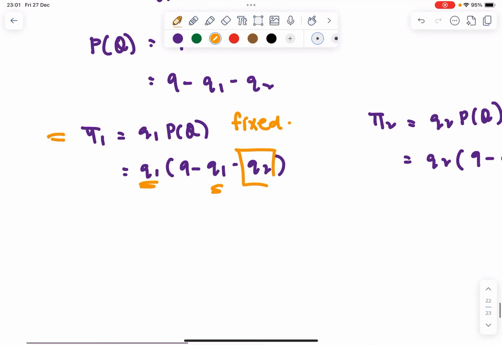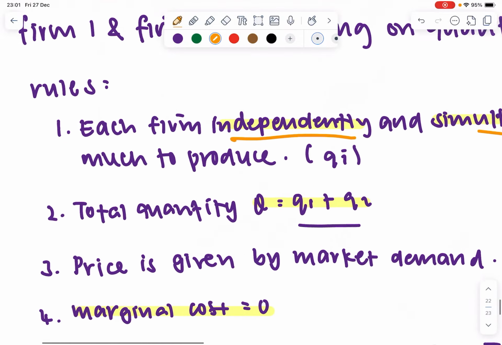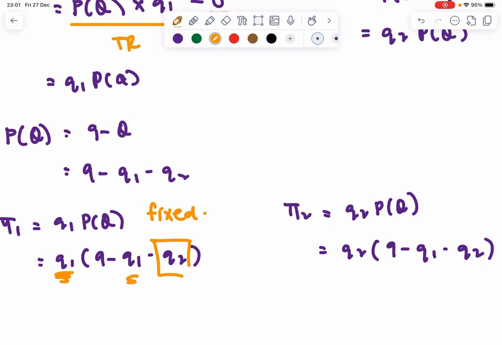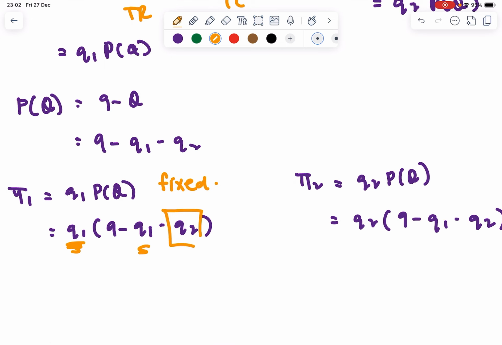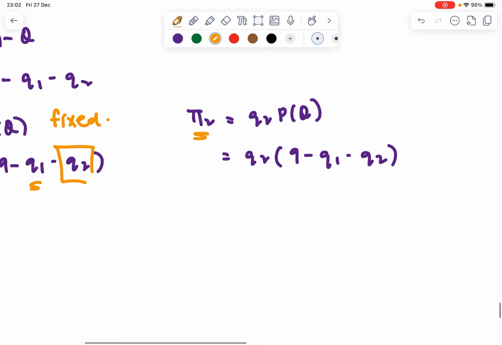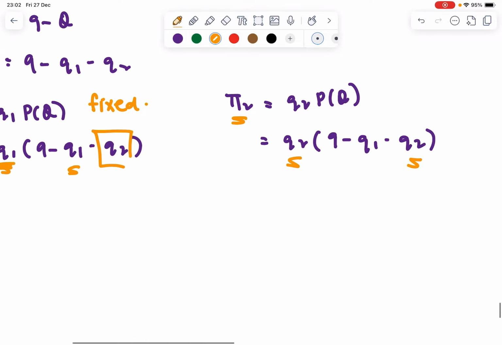And how much we produce, we can only control our Q1, because it's simultaneous and independent. We don't know how much firm 2 is going to produce, but we want an expression that tells us how much we should produce for any amount of Q2 that firm 2 produces. Same thing for firm 2: they can only choose Q2.